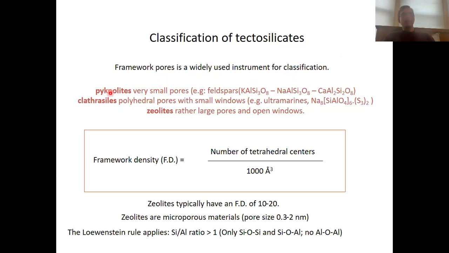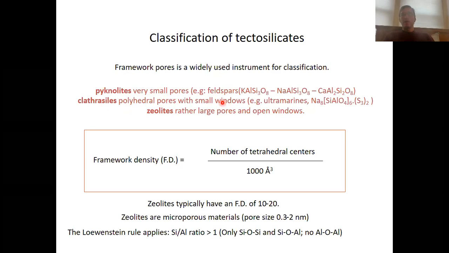Then we have the so-called clathrasiles. So they have polyhedral pores with small windows. So these polyhedral pores are large enough to accommodate small molecules and small molecular ions, but these guests are actually entrapped within these pores because of the small windows.